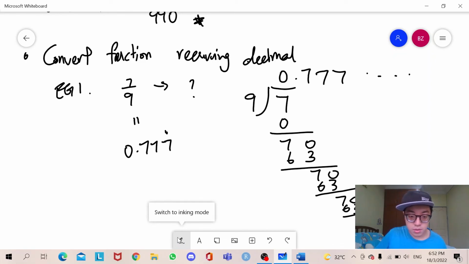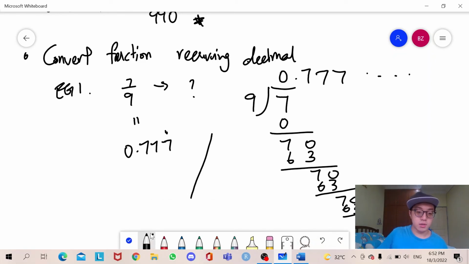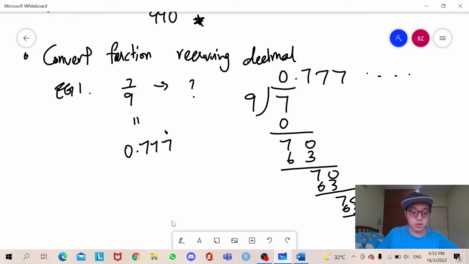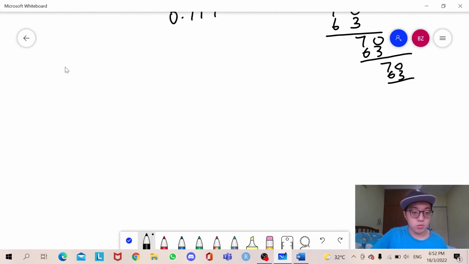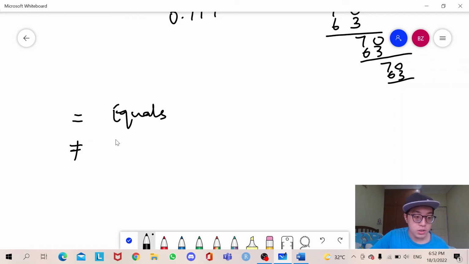Just before I stop, according to the syllabus, I will have to tell you guys about notation. So this is equals. I'll just write here first, just in case you don't know. This is not equals.